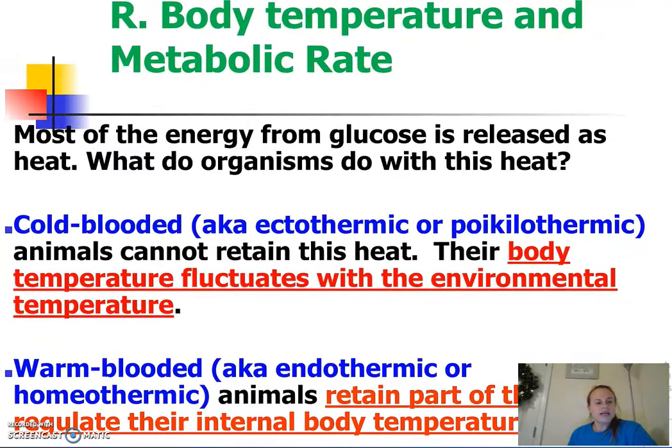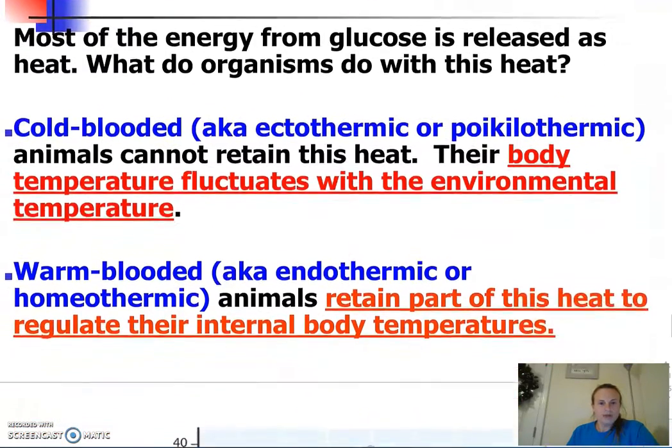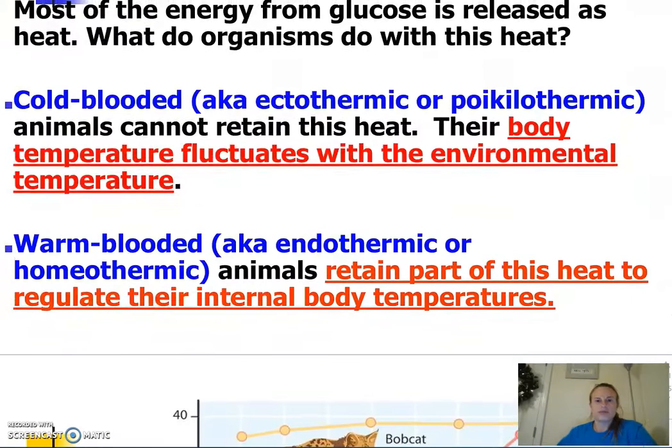Well, 2 different types of organisms exist. You've got cold-blooded and warm-blooded. Cold-blooded organisms can also be referred to as ectothermic or poikilothermic, where they cannot retain this heat. So their internal temperature is dictated by the external temperature.